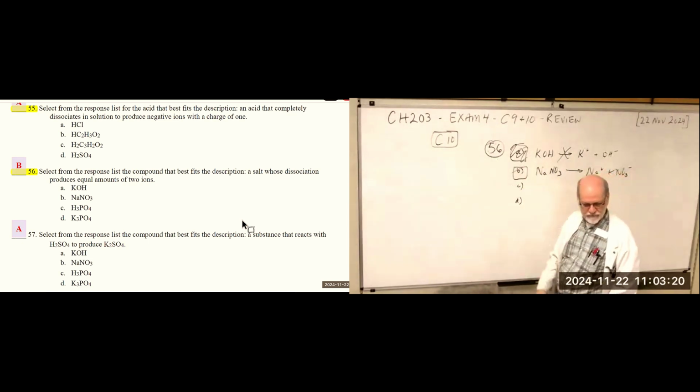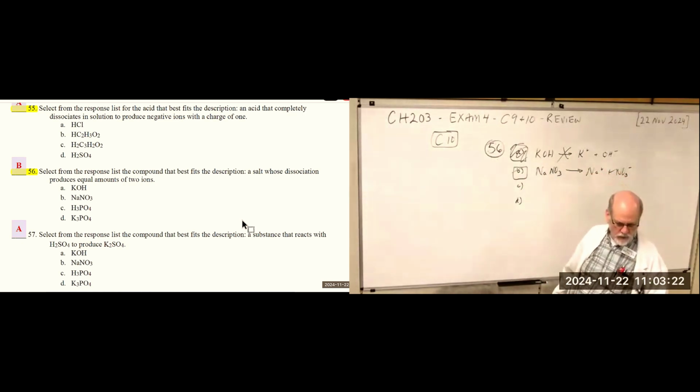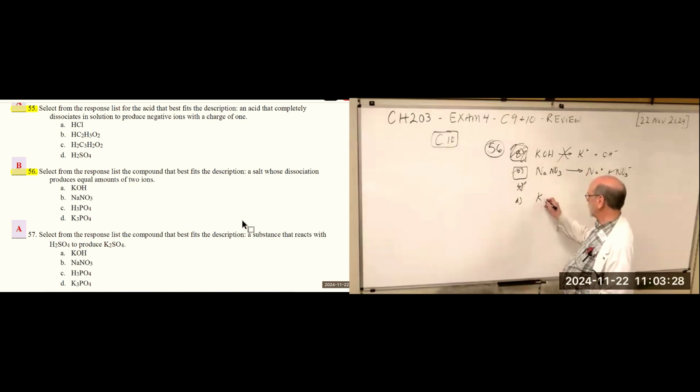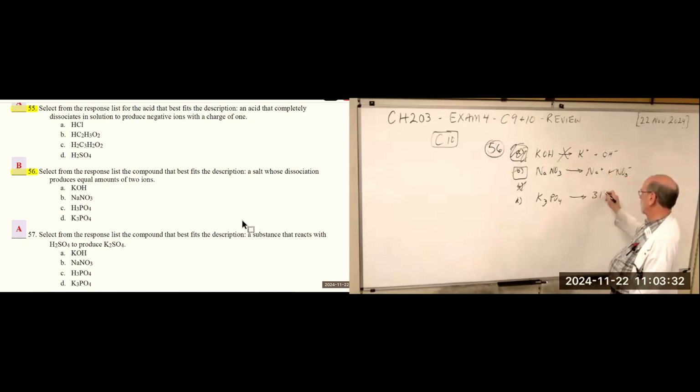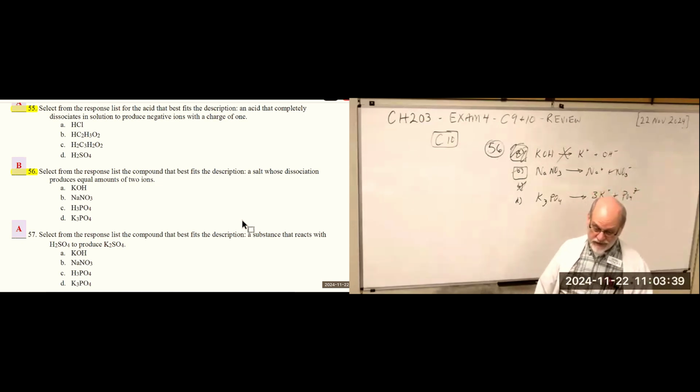There you go. H3PO4 is an acid, it's not a salt. And D, K3PO4 doesn't produce equal amounts. 3 Ks plus 1 PO4. Okay. Yeah, that's kind of tricky. Got to read the whole question.